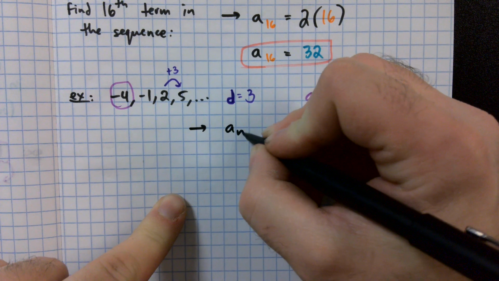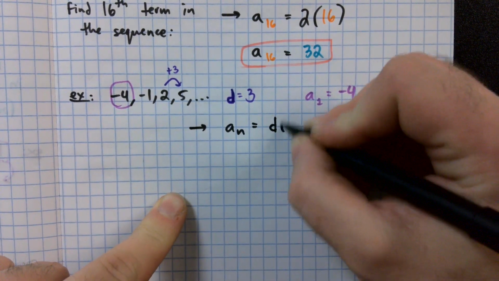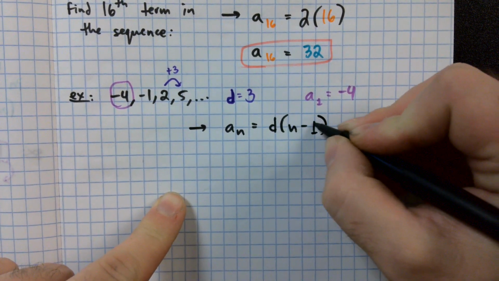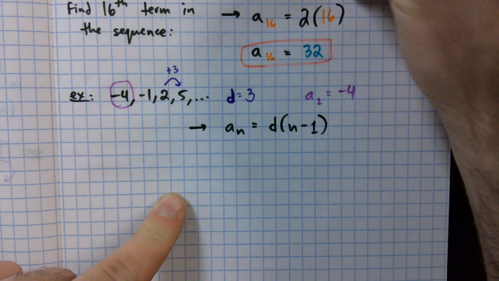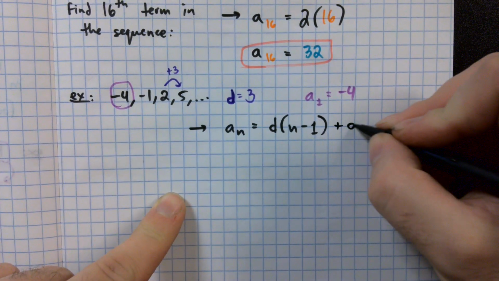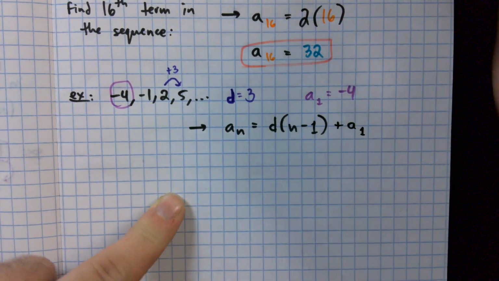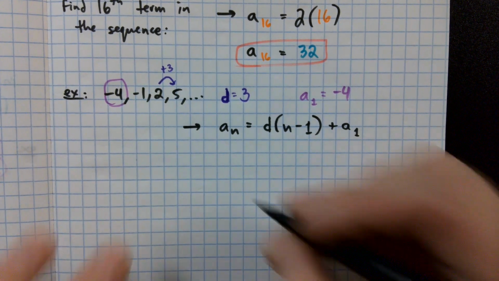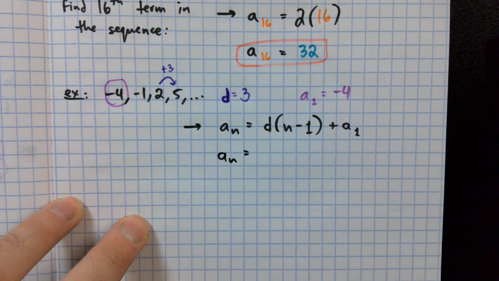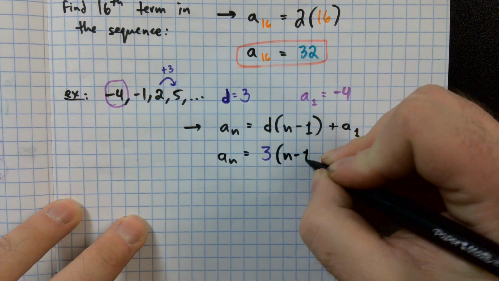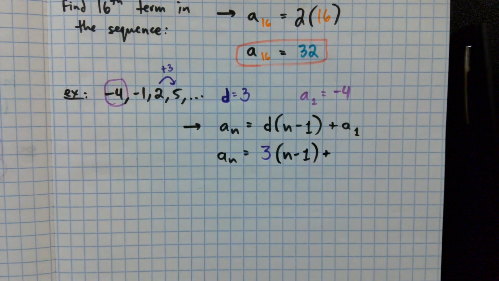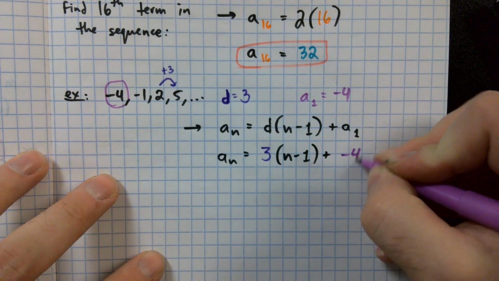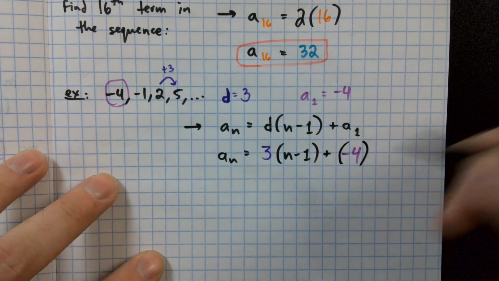If I take my formula, a sub n is equal to all that nonsense, I'm going to plug in 3 for d. I'm going to plug in -4 for a sub 1.